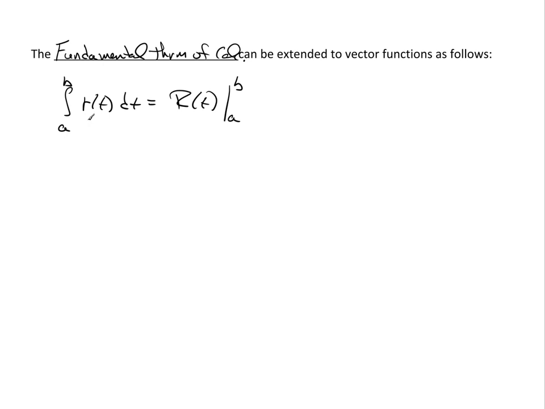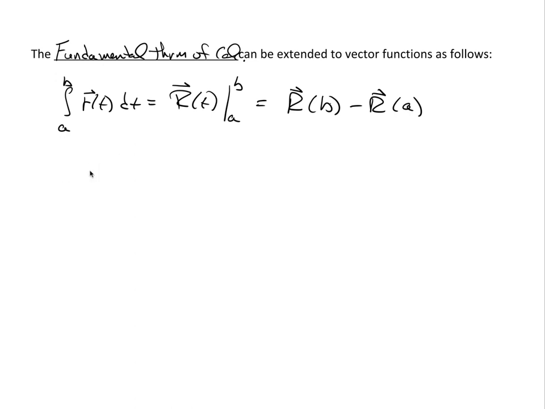This is using the standard notation that we've used before for antiderivatives, where capital R of t is the antiderivative of small r of t, and that's equal to R of b minus R of a. That's exactly what the fundamental theorem of calculus told us before for real valued functions, and it's the same thing here for vector functions.